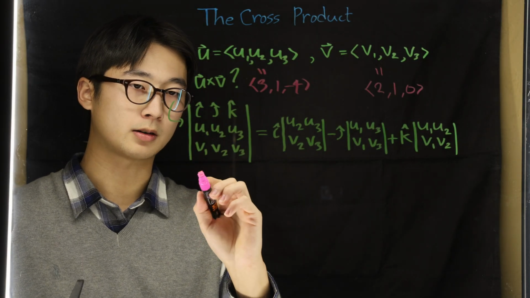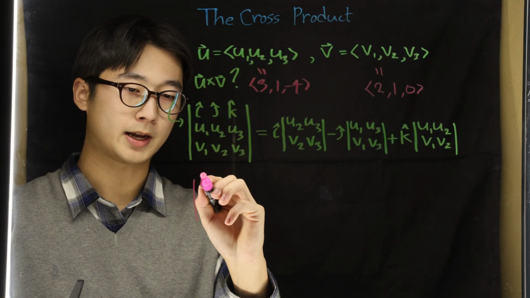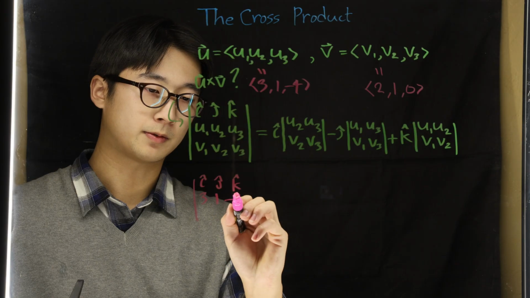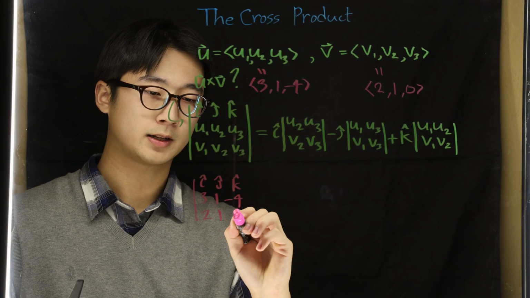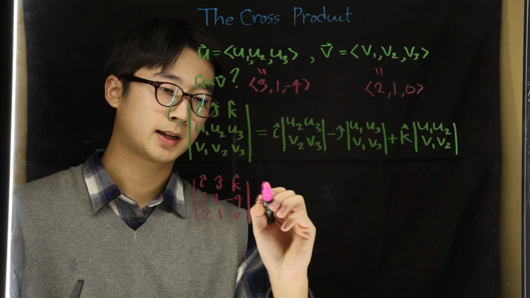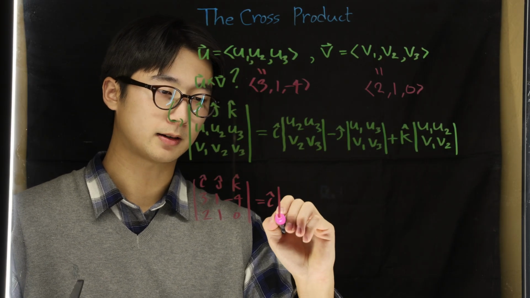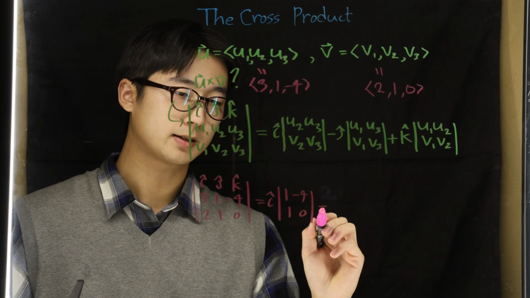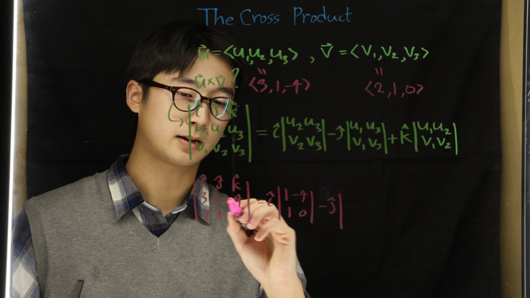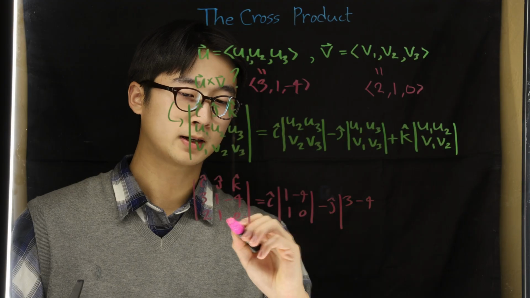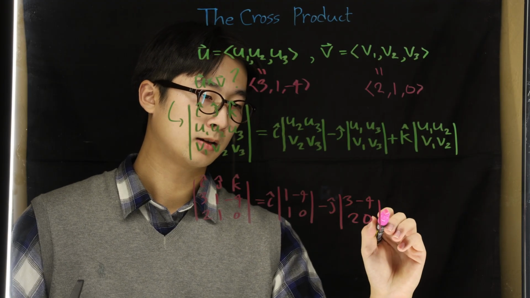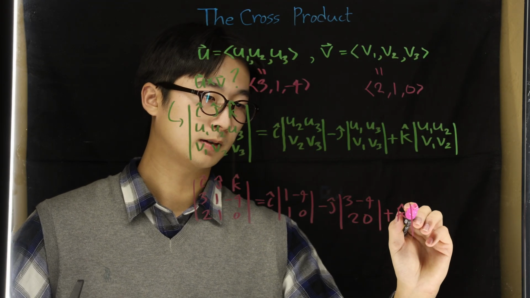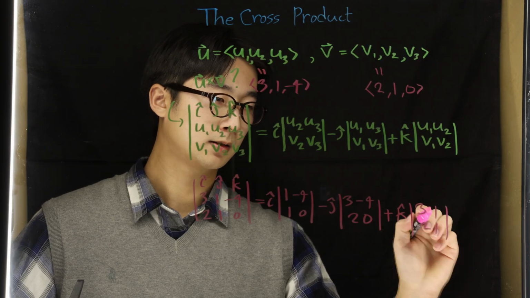So first, draw a determinant: i hat, j hat, k hat; 3, 1, minus 4; 2, 1, 0. This is equal to i hat times the determinant of 1, minus 4, 1, 0, minus j hat times the determinant of 3, minus 4, 2, 0. Lastly, plus k hat times the determinant of 3, 1, 2, 1.